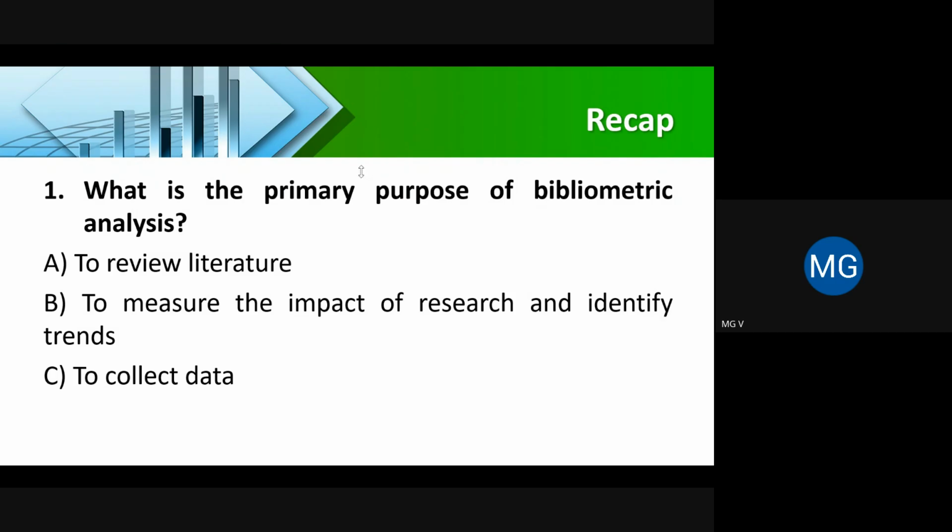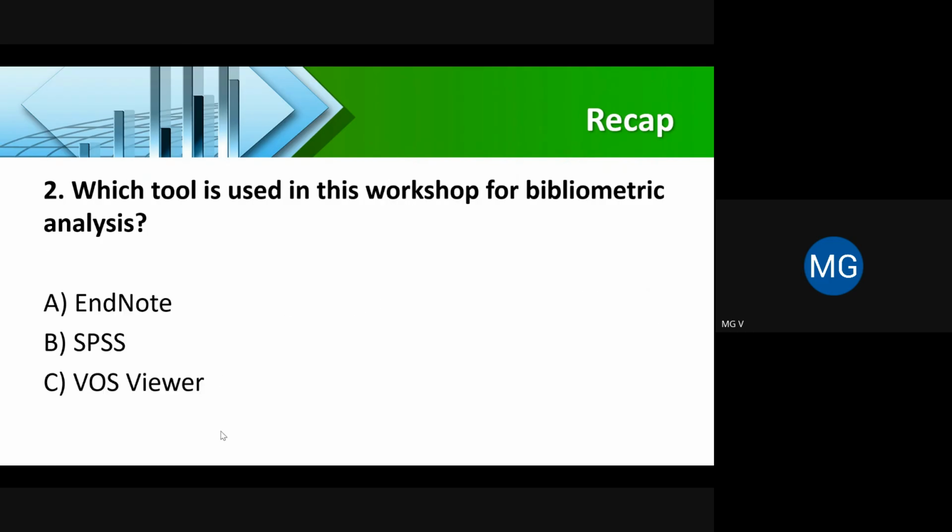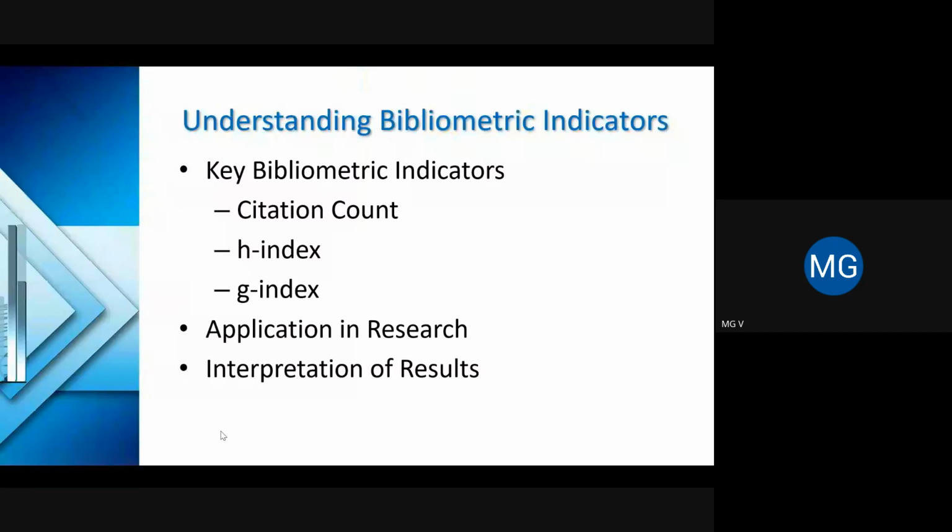To review literature, to measure the impact of research and identify trends, or to collect data. To measure the impact of research and identify the trends. Very right, it is B. Which tool is used today for bibliometric analysis? EndNote, SPSS, or VOSviewer? Right, it is VOSviewer.